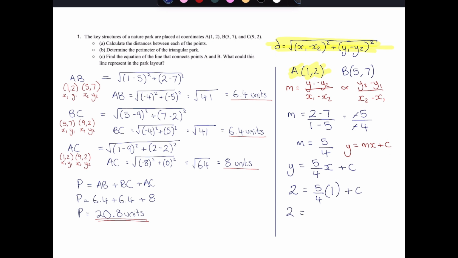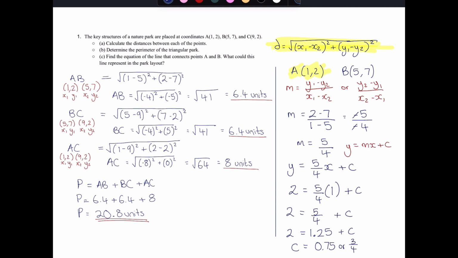So 2 is equal to 1 times 5 over 4 plus c. You might benefit here from changing 5 over 4 into a decimal. Okay, so let me just rewrite that. 2 is equal to 1.25 plus c. You're going to subtract 1.25 from both sides, and you will find that c is equal to 0.75 or 3 over 4.